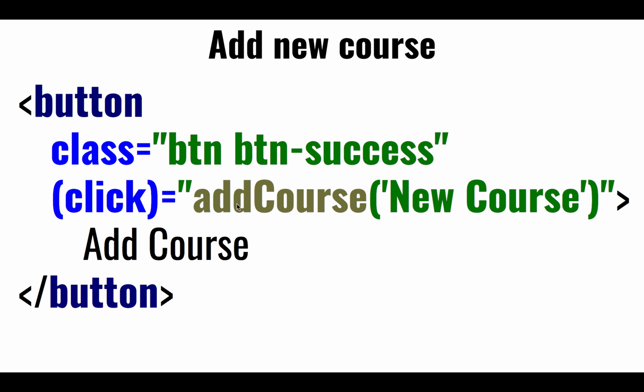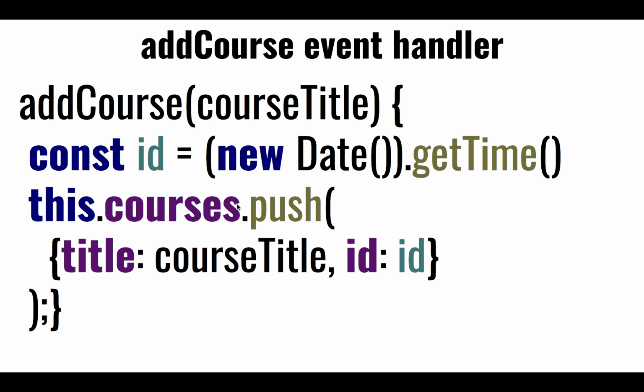Now the implementation of addCourse is very simple. We create a unique identifier for the primary key, the ID, using the get time, and then we're pushing into this.courses a brand new JSON object that contains the course title that we're passing as an argument, and then the ID that we just generated here randomly.